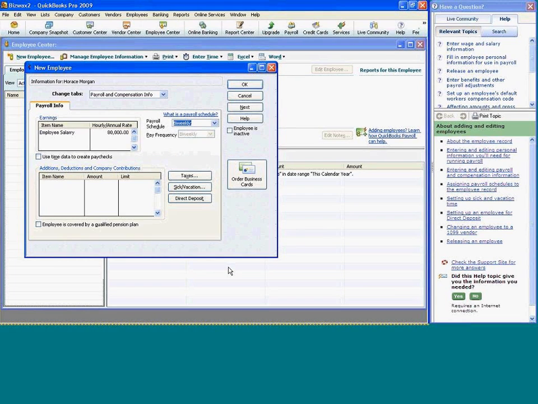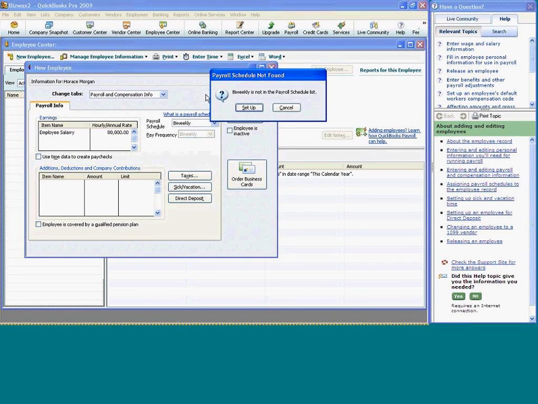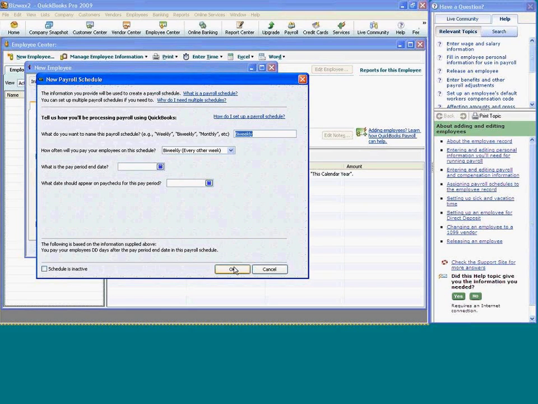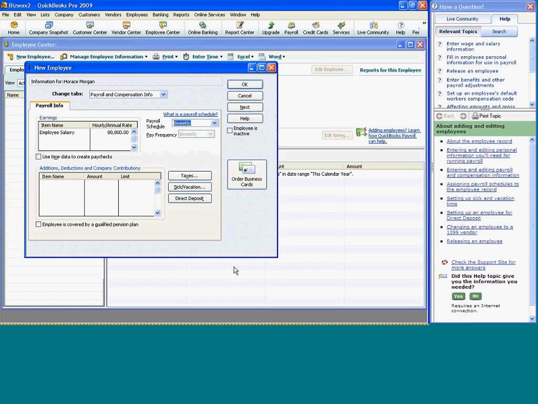Okay. And then the use time, okay. And then we'll say the employee is also covered by a qualified pension plan. Okay. So that's the idea of setting up an employee.